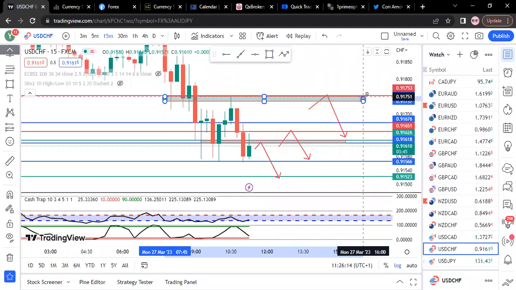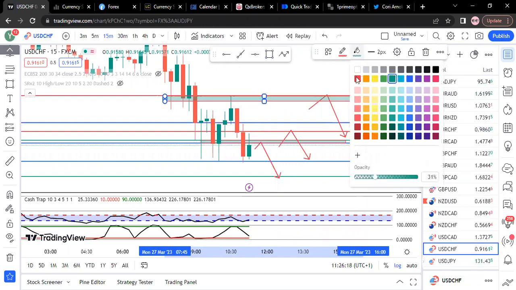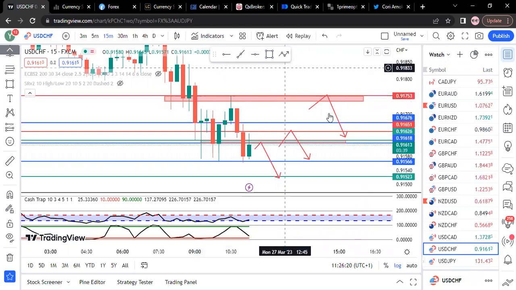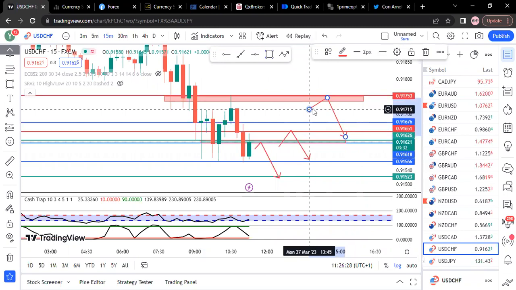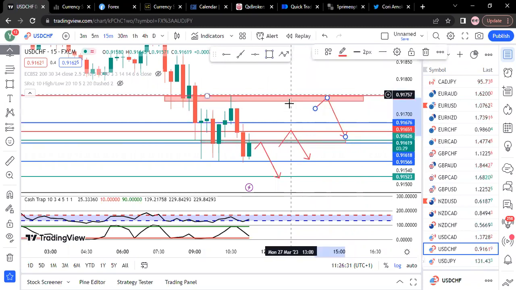Okay, let's say something like this. And I would prefer to color it red because it's on the hourly. So between this region and this place, it should be a 5-minute trade. So if the market should come here, pick it for 5 minutes.